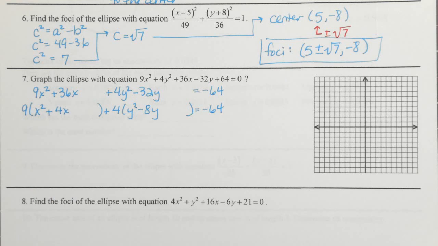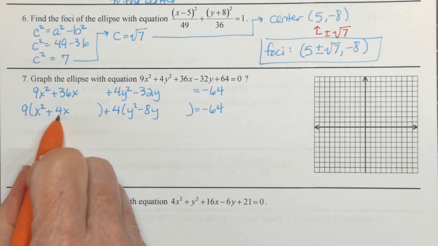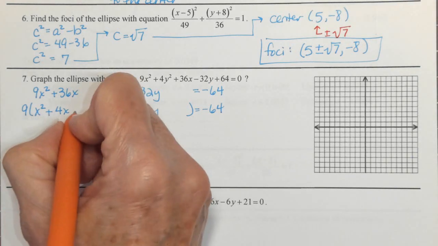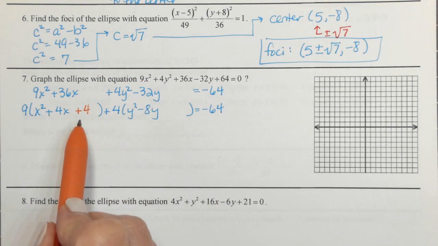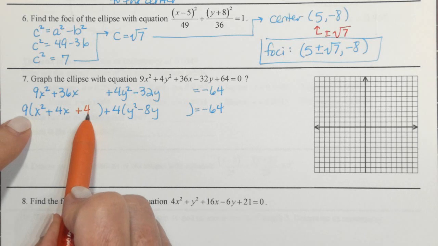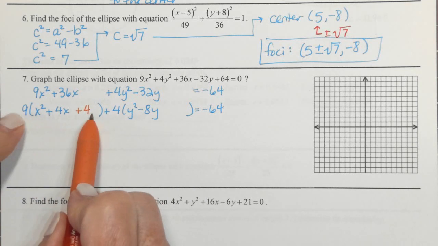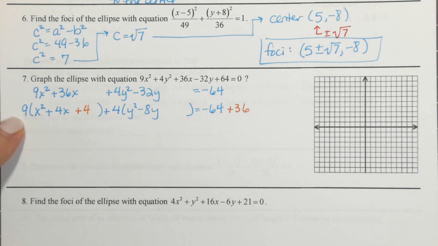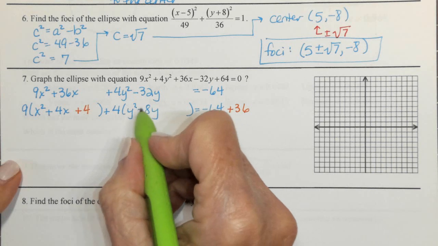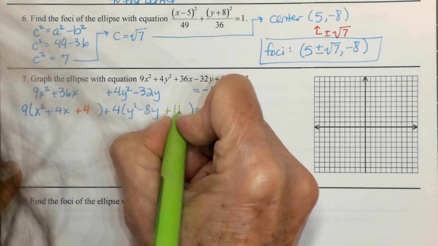Now I'm going to go in and complete the square. Half of 4 squared is 4. But really I am adding 36, because 9 times 4 is 36. So I need to add 36 to this other side. For the y's, half of 8 is 4, squared is 16.